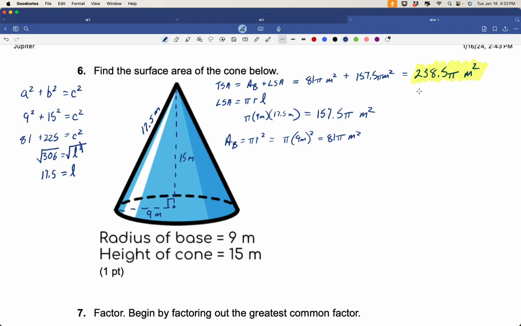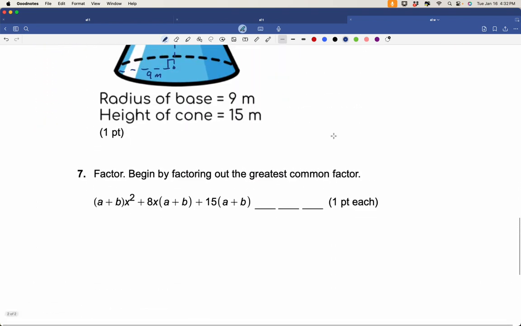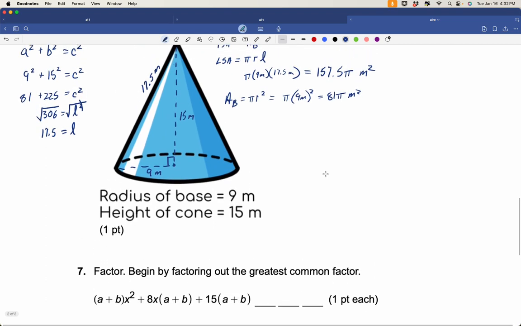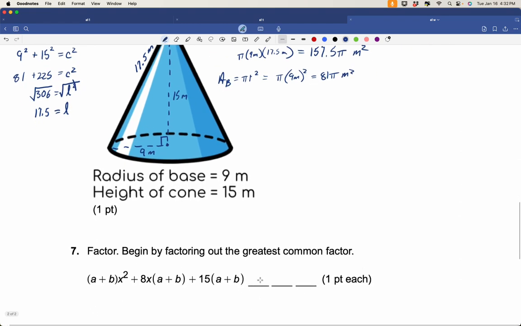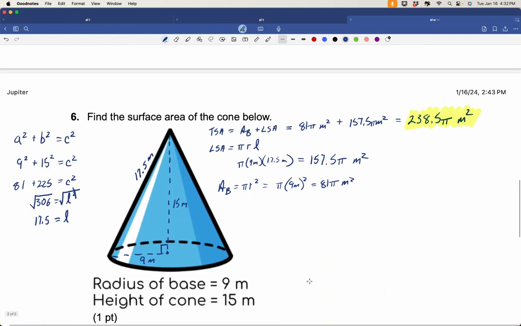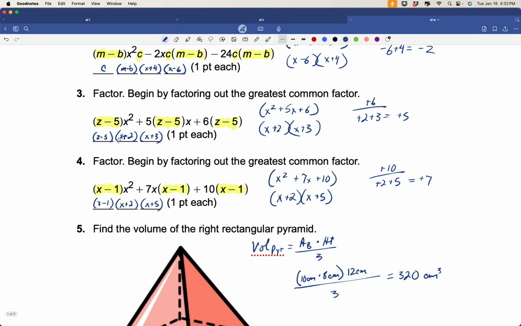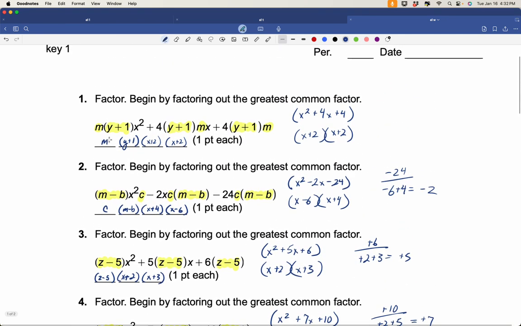But yeah, what I'm going to do is there's 7 problems here. And this is 1 point. So this one would be 1, 2, 3 points. So it'd be 4, 5, 6, 7, 8, 9, 10, 11, 12, 13, 14, 15, 16, 17, 18.